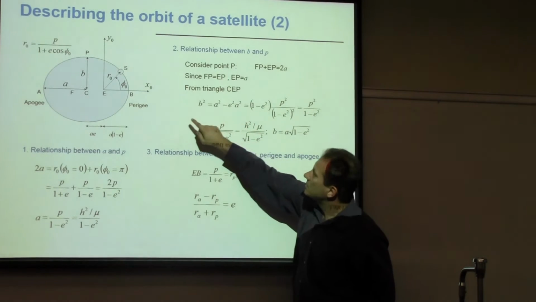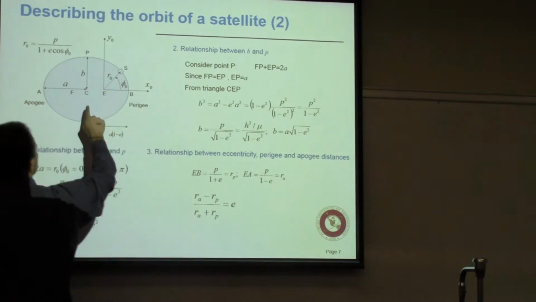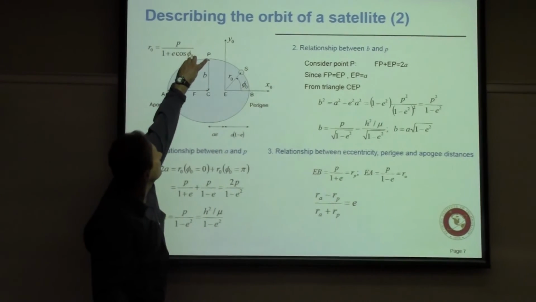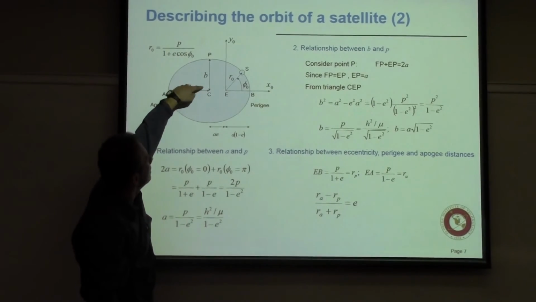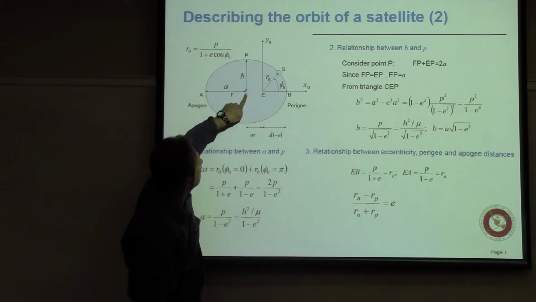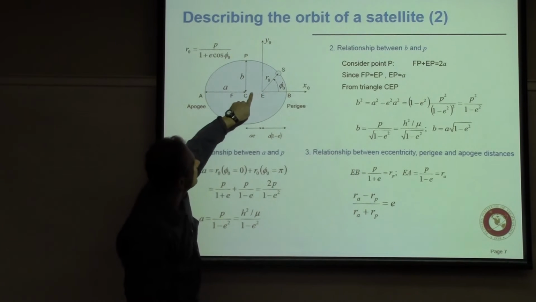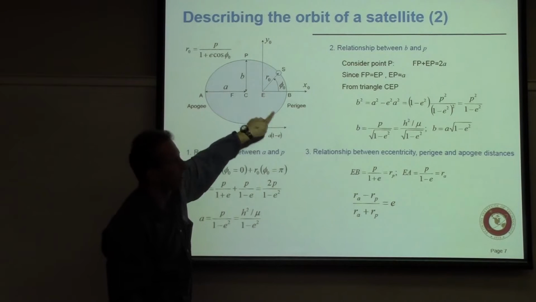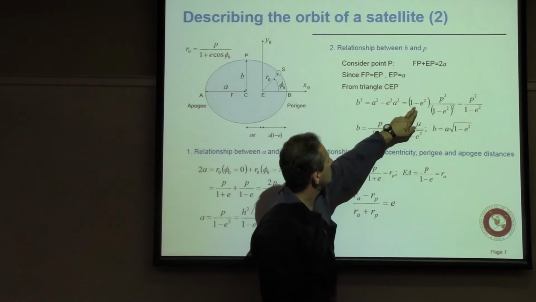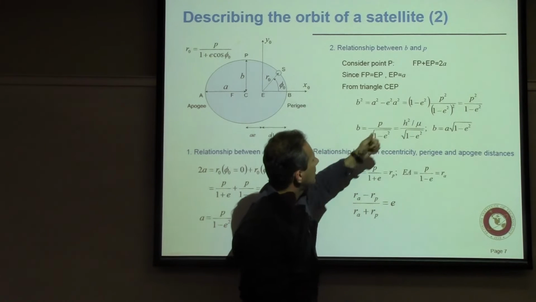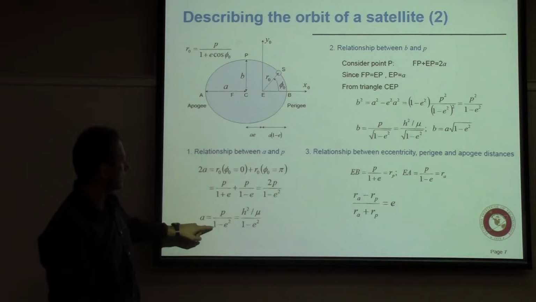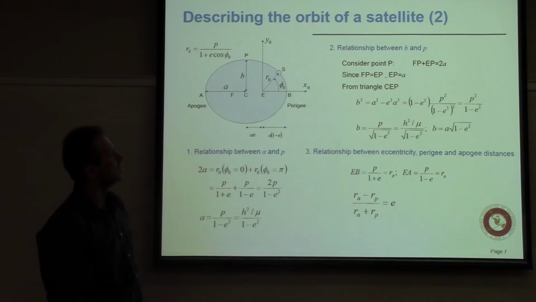And then from this triangle here, the triangle CEP, you can see that B squared, which is this one here, is equal to A squared minus the square of this distance, AE squared. So when you put that in this equation, you get 1 minus e squared times A squared. But from here, I have that A squared is equal to P squared over 1 minus e squared, quantity squared.